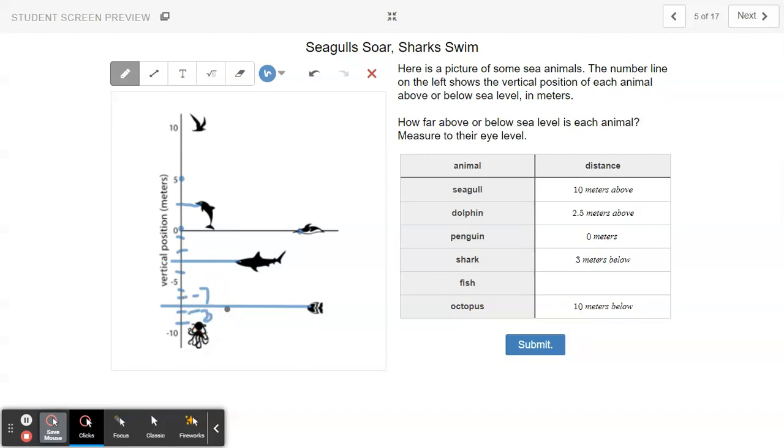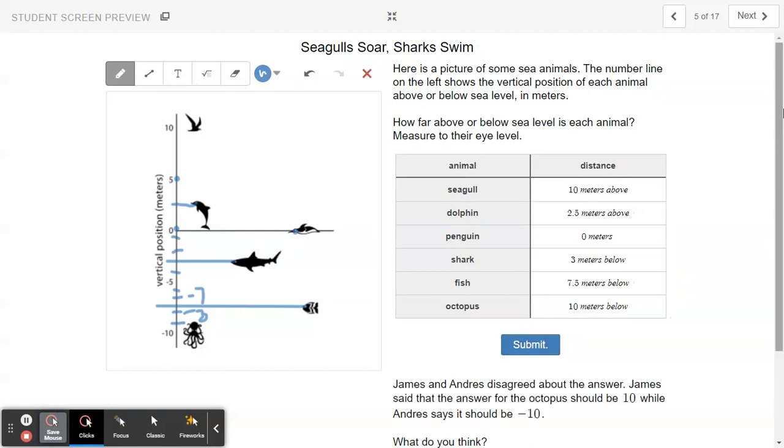Well, it's actually -7.5, right? It's halfway between 7 and 8, so that's 7.5 meters below. Now, I would accept probably -7, or 7 meters below, 8 meters below, 7.5 meters below. I would accept all those.